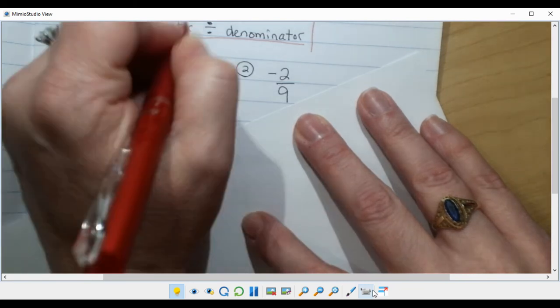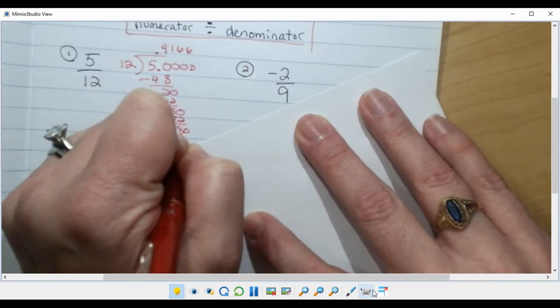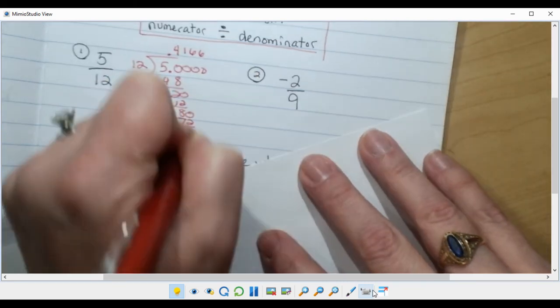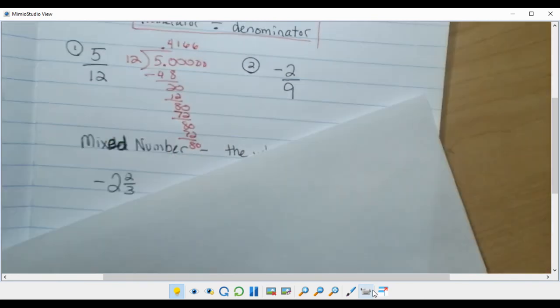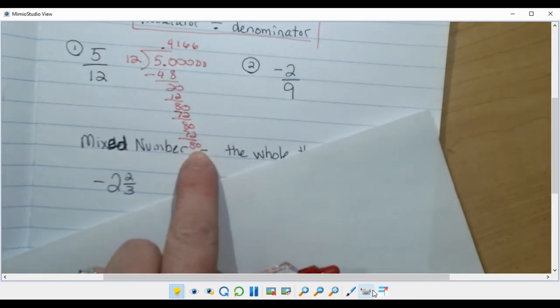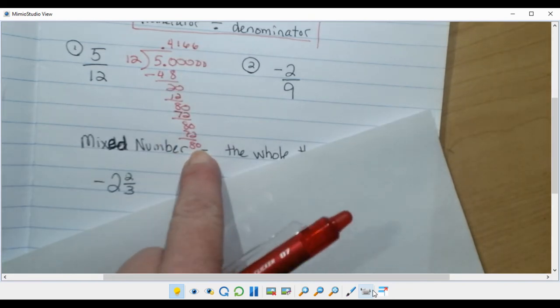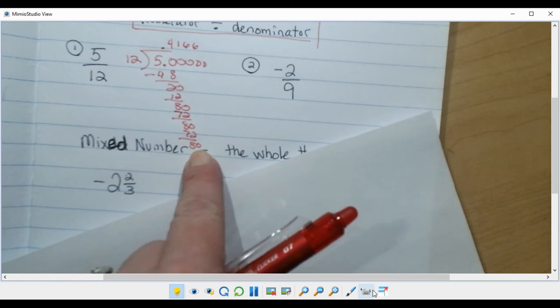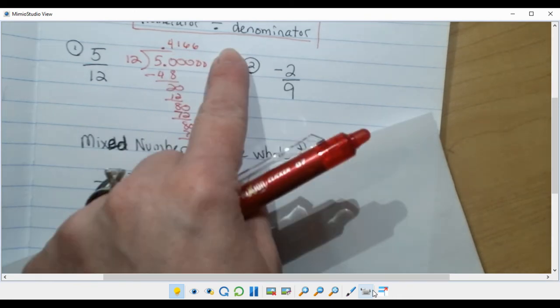Well, that's going to give me another 6 here. 72, subtract, again. When you do it this way, you start to see real quickly that this is going to repeat because there's no option to change it, right? Every time we did this, I got a 6, I multiplied 72, subtract. Every time I kept getting a remainder of 8, and then it turned into 80. If I kept going, I'm just going to get all 6s across the top here.